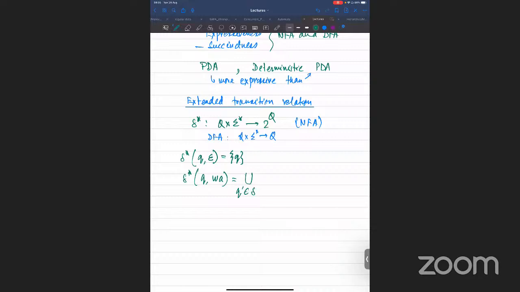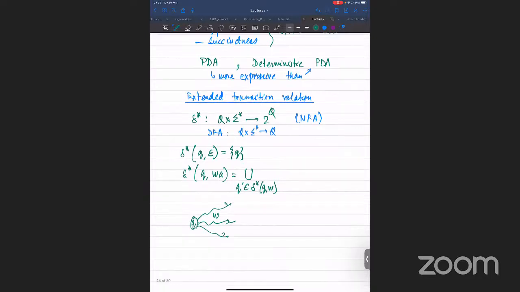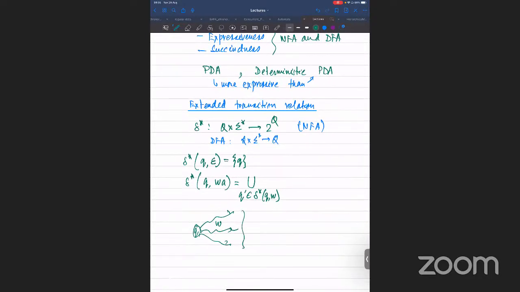Suppose Q prime belongs to delta star Q comma W. You are in Q and then you read W, and since this is non-deterministic, you can reach several states. This is the set of states where you can reach starting from Q by reading W. This is delta star Q comma W, correct?